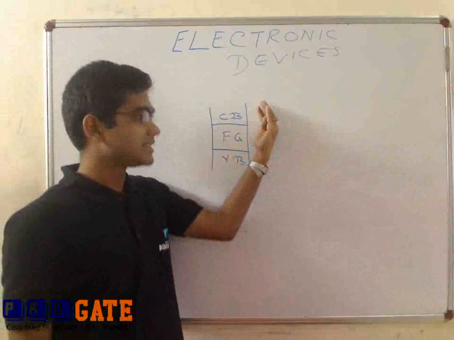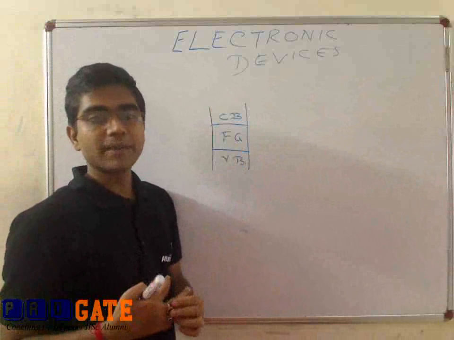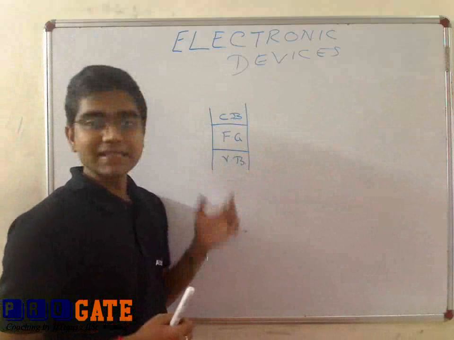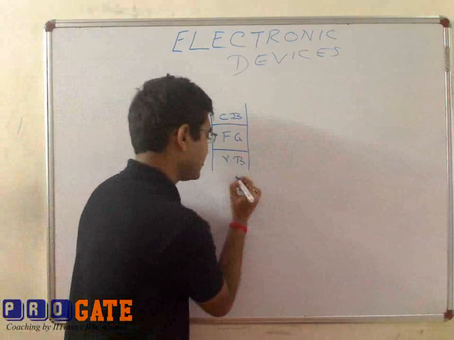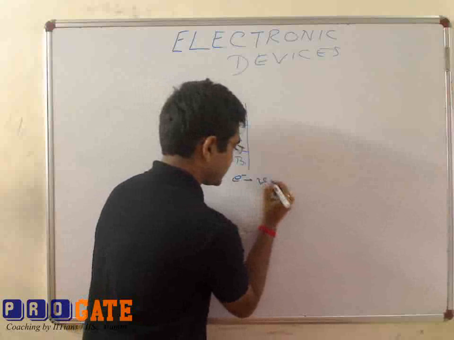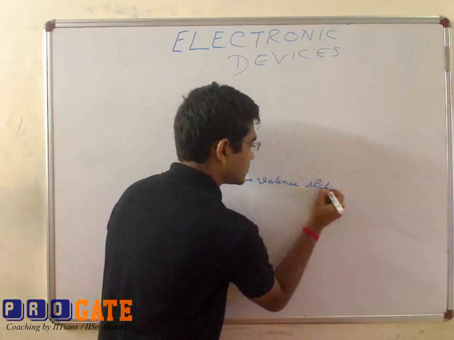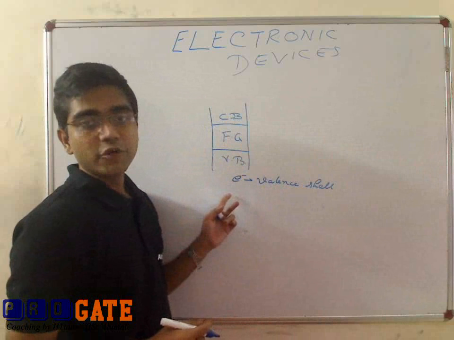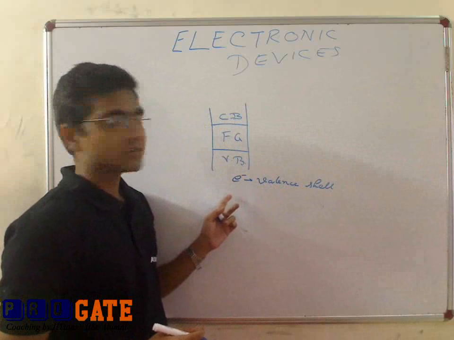But let us just assume that any electron orbiting a particular atom lies in the valence electron shell. Any electron that eventually conducts current lies in the valence electron shell.